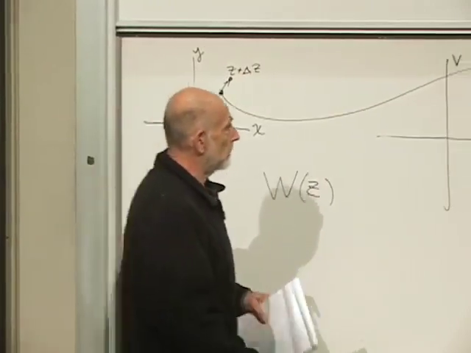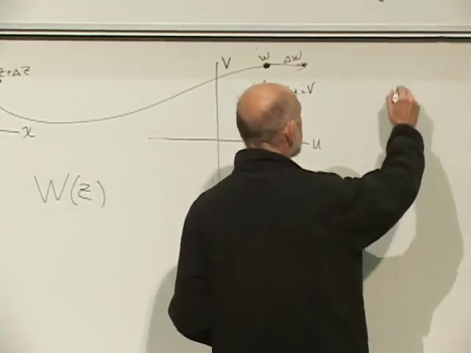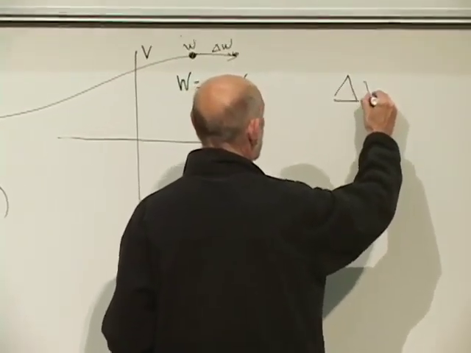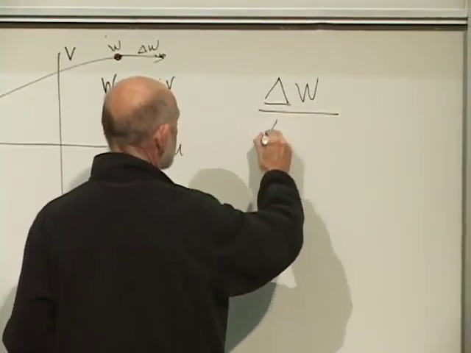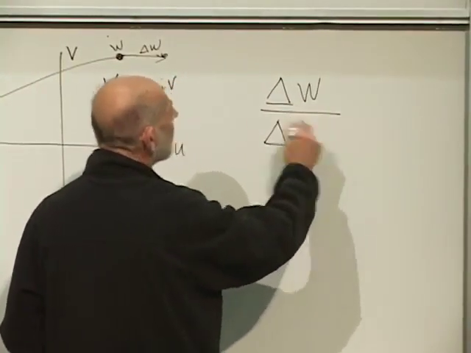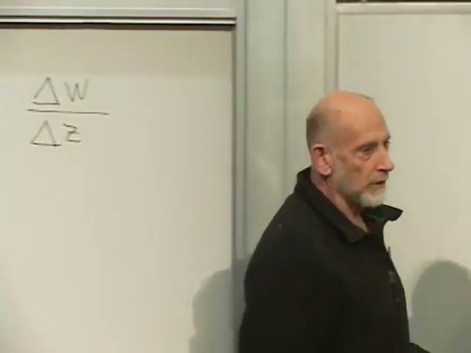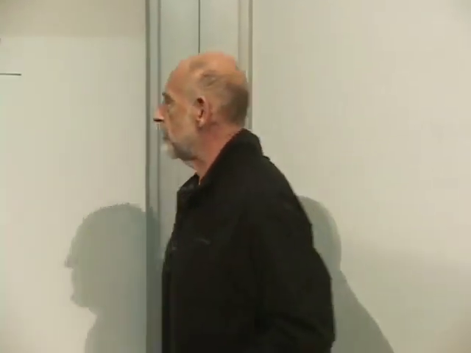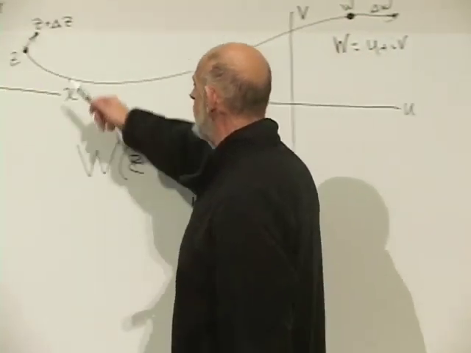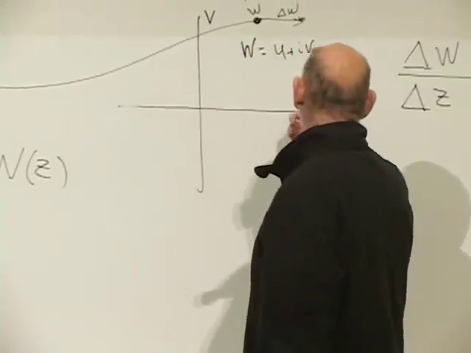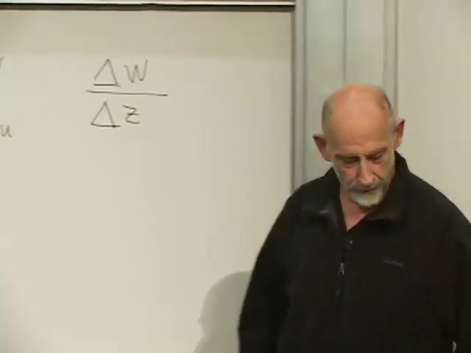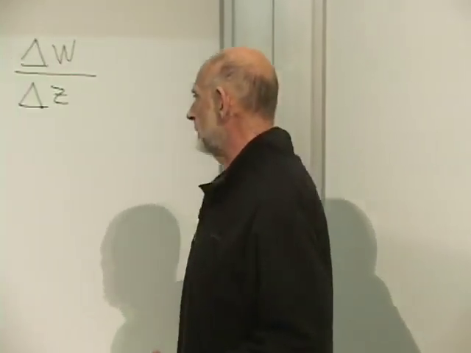Okay. What is the derivative of w with respect to z at the point z? Well, the answer is obvious. It is delta w divided by delta z, in the limit that delta z goes to 0. That's the usual logic of what a derivative is: the difference between the function at neighboring points divided by the difference between the coordinates at neighboring points. There's only one problem, something new.